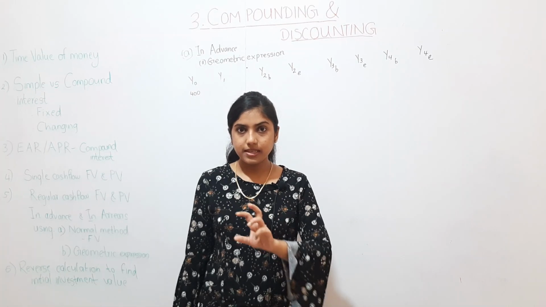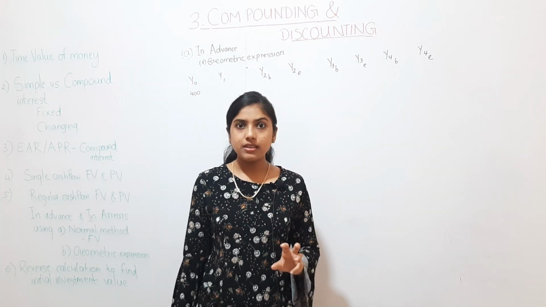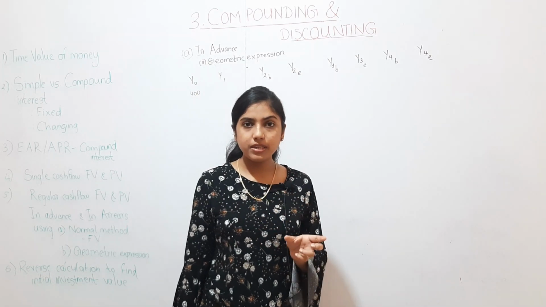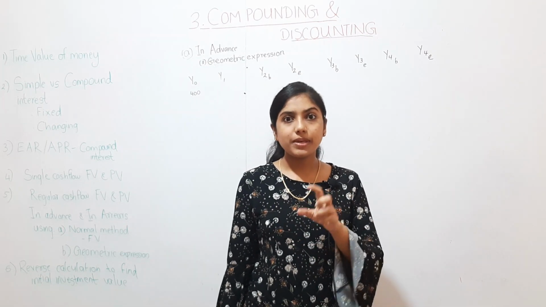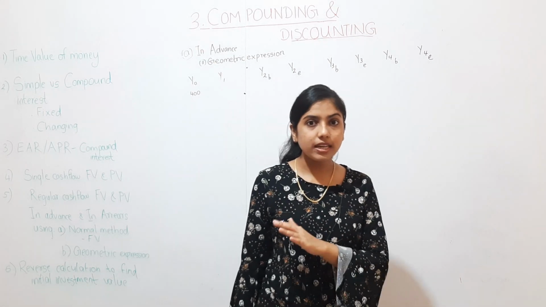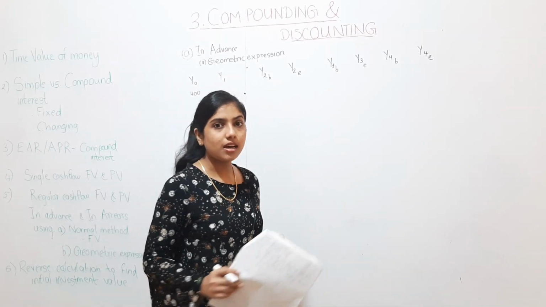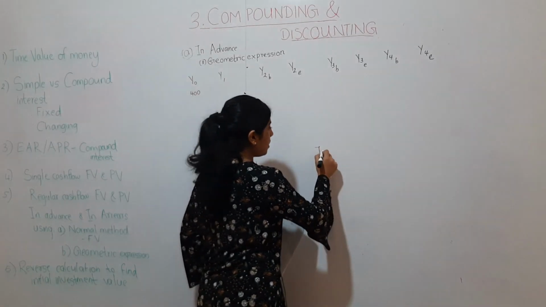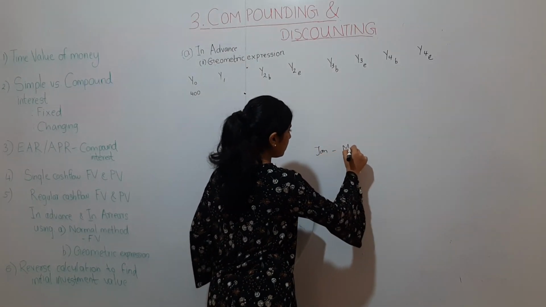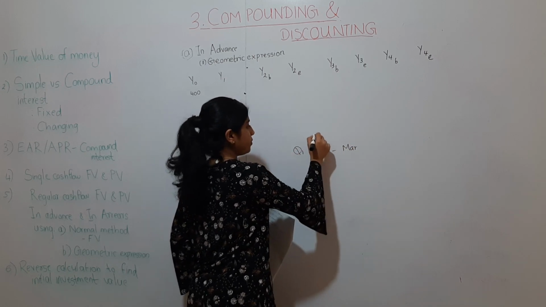If it's a quarterly payment, then payment in advance means payment made at the start of the quarter, not at the end of the quarter. So, if quarter 1 starts from January to March, then the start of the quarter is January.